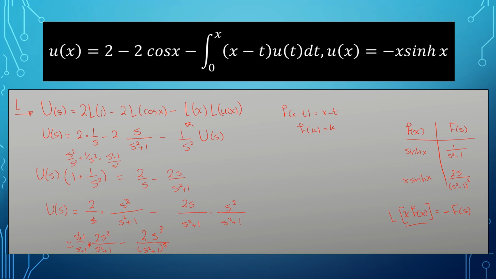Okay, and this will give us U of s equal to (s squared plus 1) all squared in the denominator, and for the numerator, 2s raised to 3 plus 2s, oh sorry, it's not squared, it's just s.